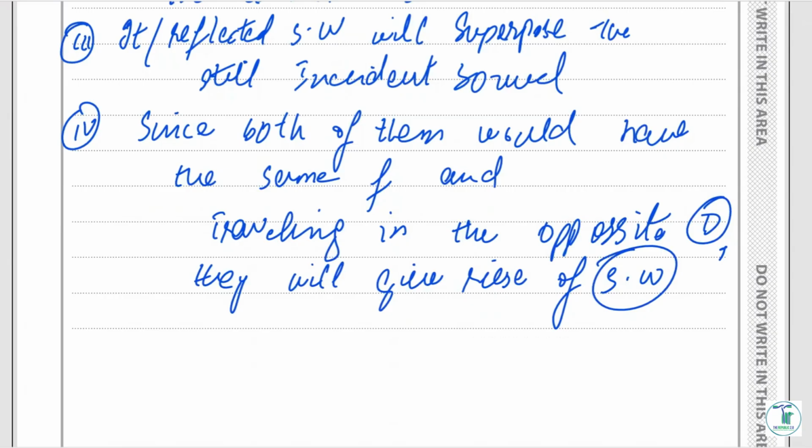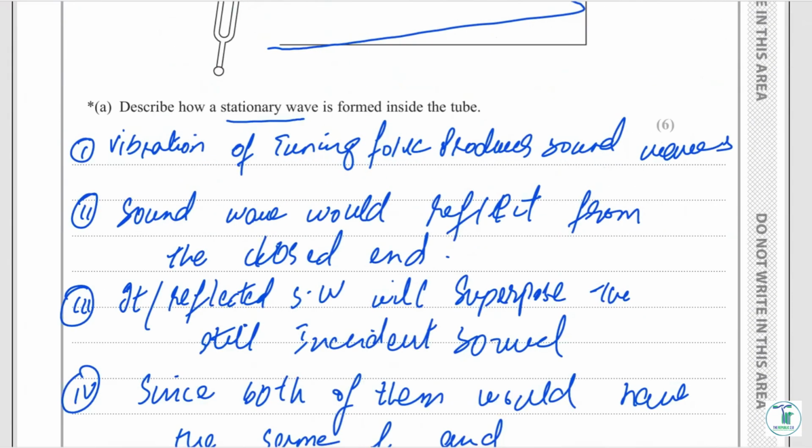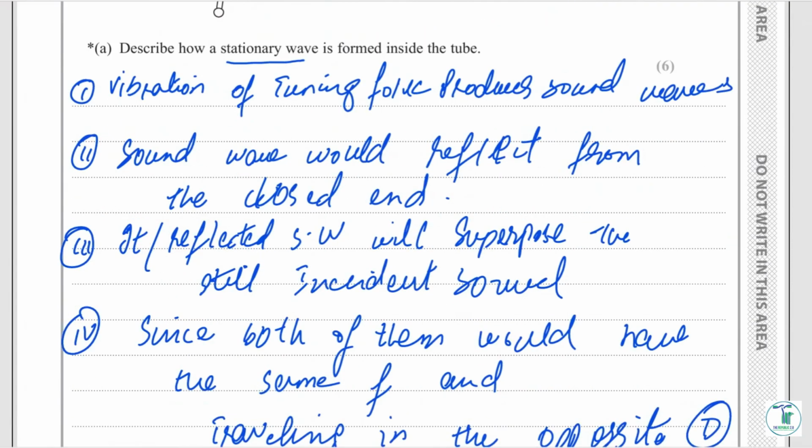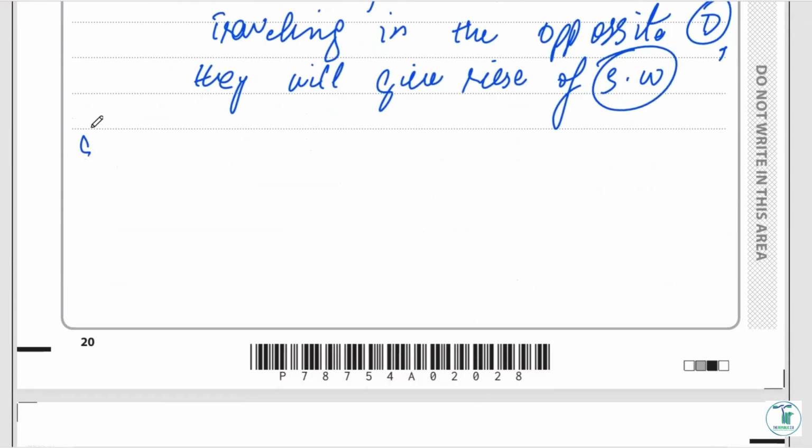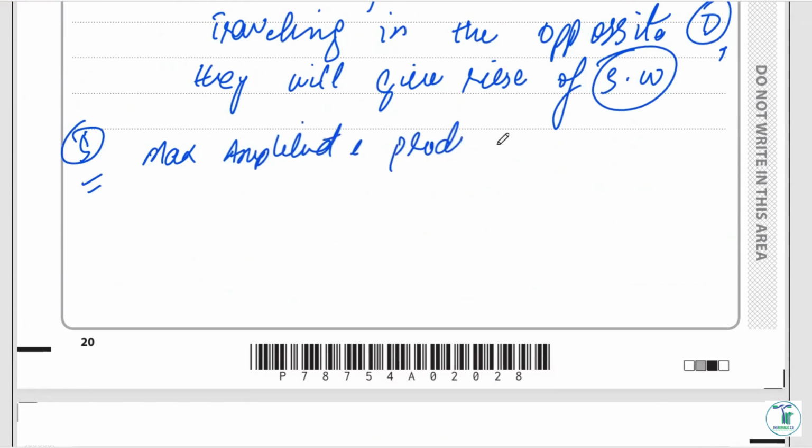Now, since we have got 4 points and we've already explained them, but this is a 6-marker question, you need to add on extra detail. So what you can do, you can write the 5th point as that wherever you'll be having a maximum amplitude would produce antinodes, right? Maximum amplitude would produce antinodes.